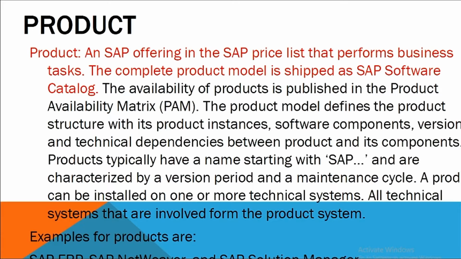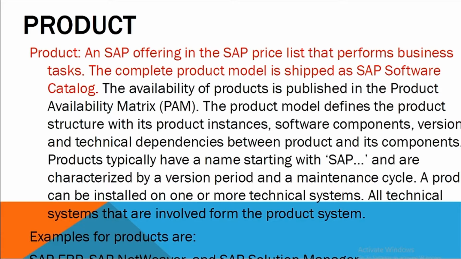Product. A product is an SAP offering in the SAP price list that performs business tasks. The complete product model is shipped as SAP Software Catalog. The availability of products is published in the Product Availability Matrix, PAM. The product model defines the product structure with its product instances, software components, version, and technical dependencies between product and its components.